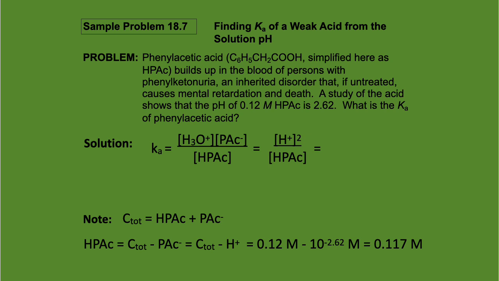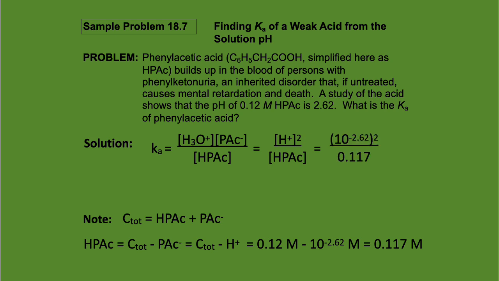Given that the pH was 2.62, the amount of phenylacetate ion in the water will be 10 to the minus 2.62, leading to a total concentration for the phenylacetic acid HPAC in solution of 0.117 moles per liter, which is negligibly different, or simply approximately the same as 0.12.